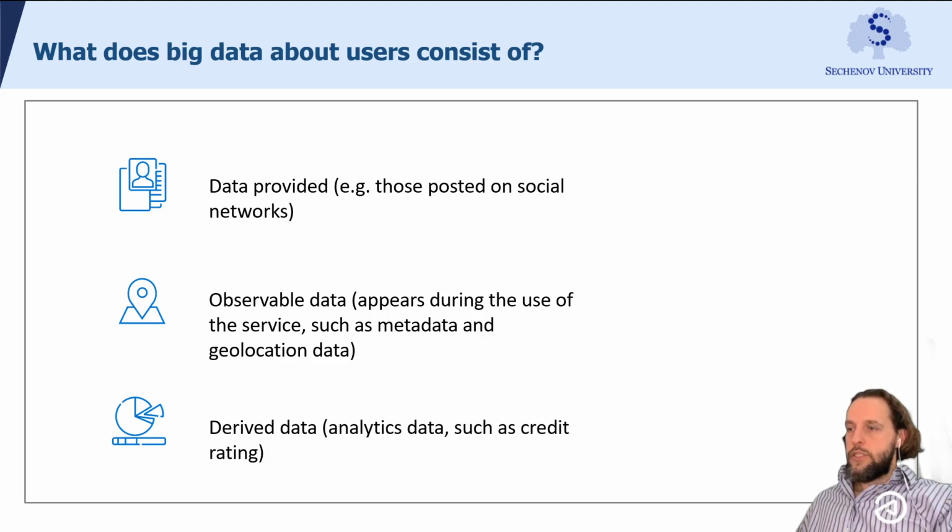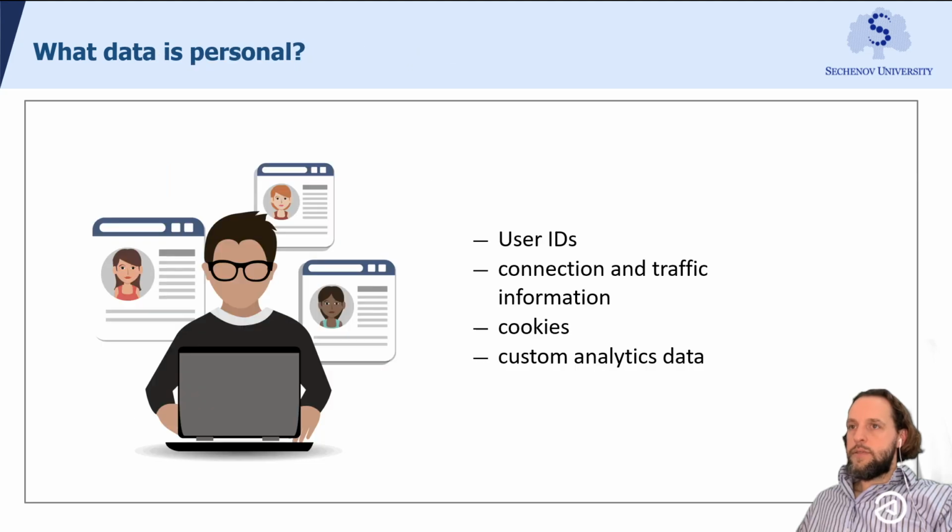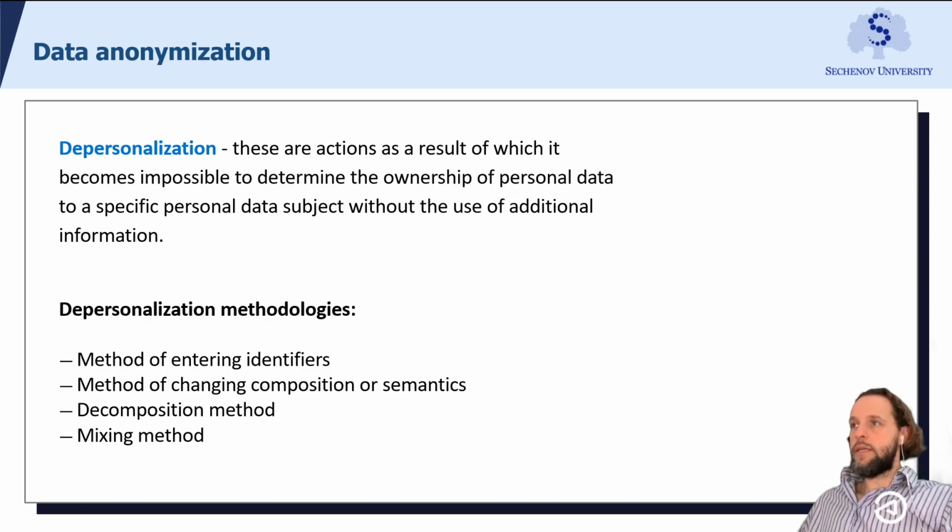And additional analytics based on this data. So if we have in this information user ID, connection to the information where this user lives, cookies, custom analytics data, this data could be treated as personal because the combination of these factors will allow us to identify a certain person.